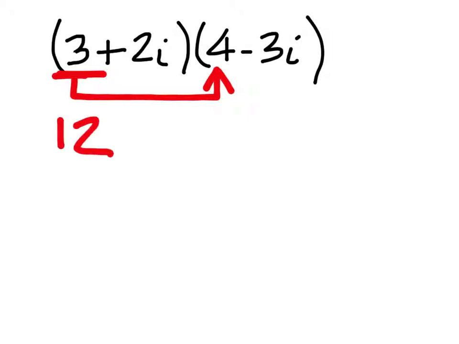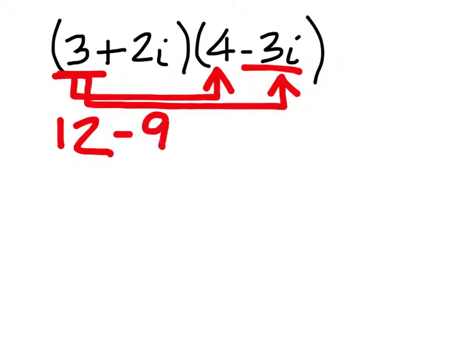Come up with a 12. Stay with this 3 and multiply it by minus 3i. You have to include the sign in front of it. 3 times a negative 3i is negative 9i, and we write it as minus 9i.